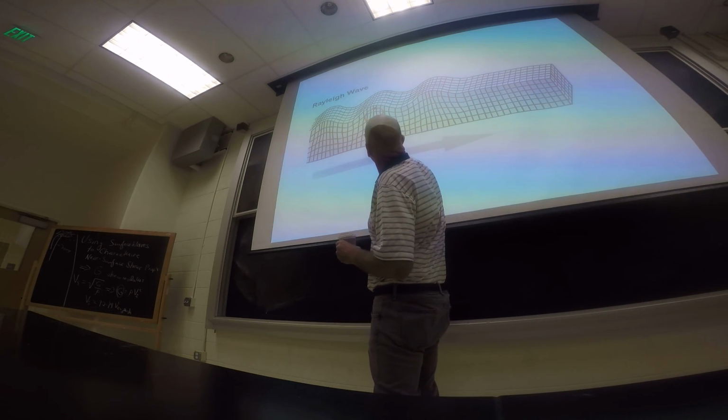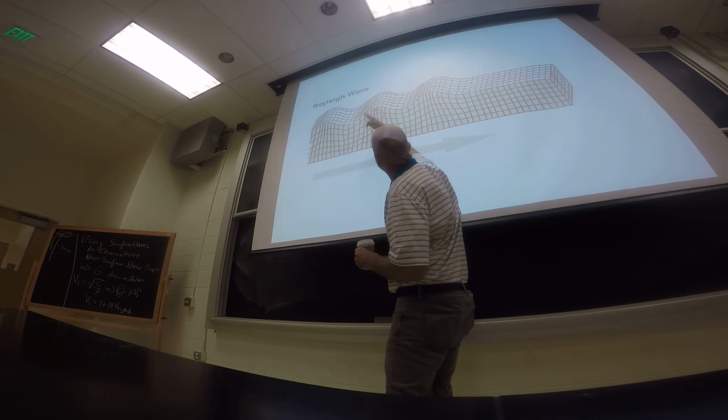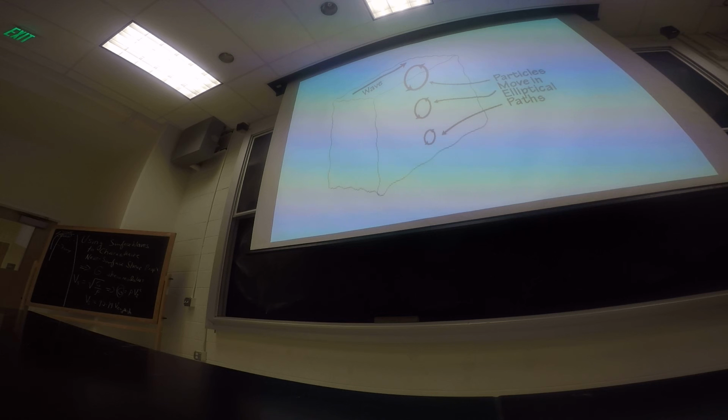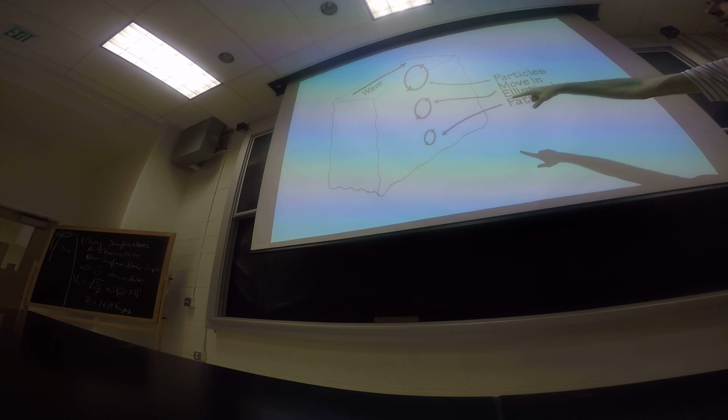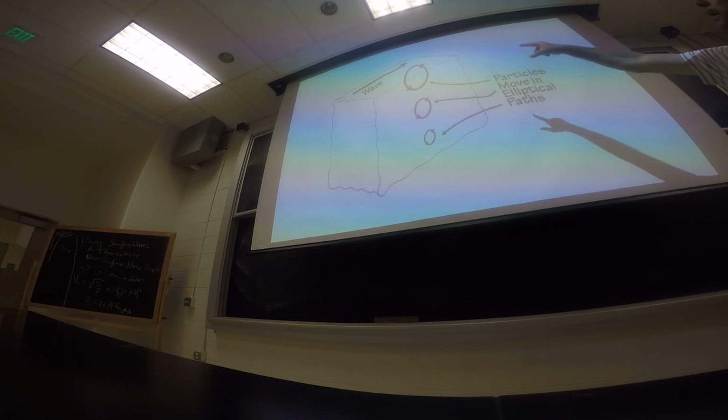You could see that the motion of the wave basically goes in an ellipse like this. So it basically has a compressional motion and a shear motion. So again, here's a picture of the wave, and what we're trying to denote here is not only that the particle moves in an elliptical path, that elliptical path can actually reverse direction, but you can see that the motion decreases with depth. That's that e to the minus z over lambda component of the surface wave.